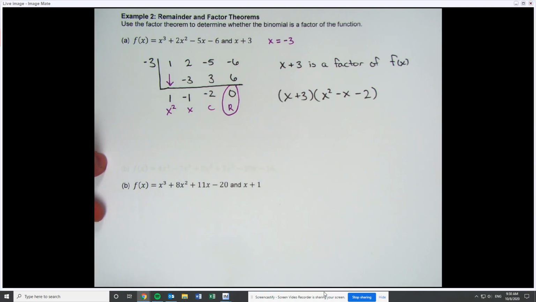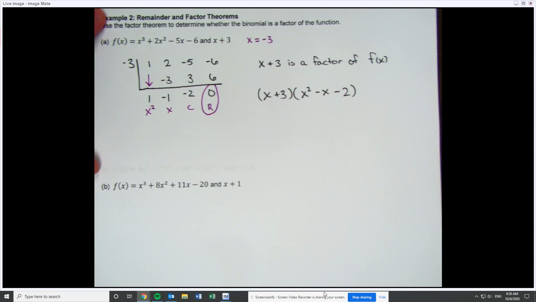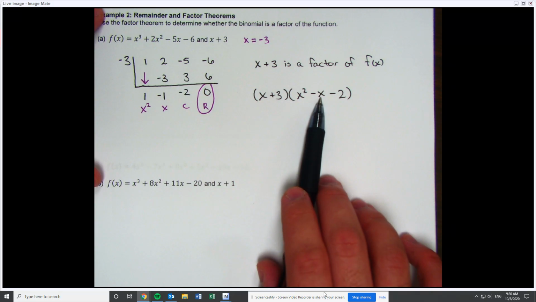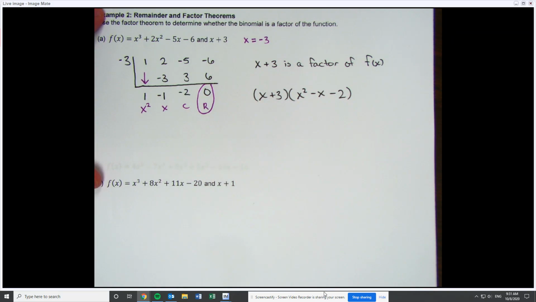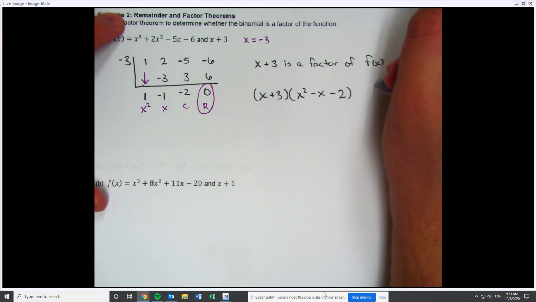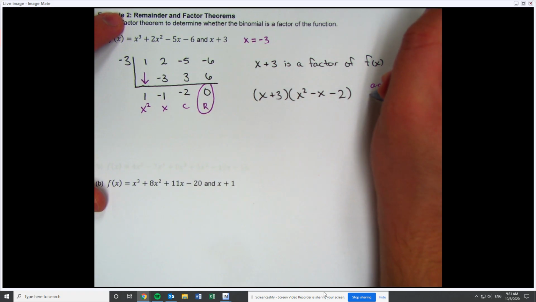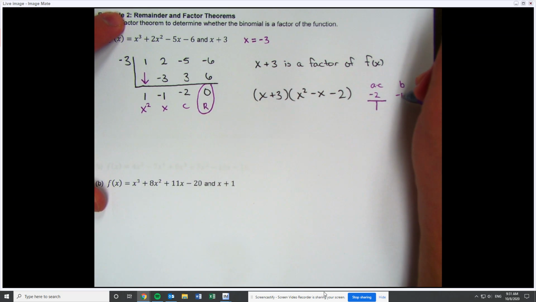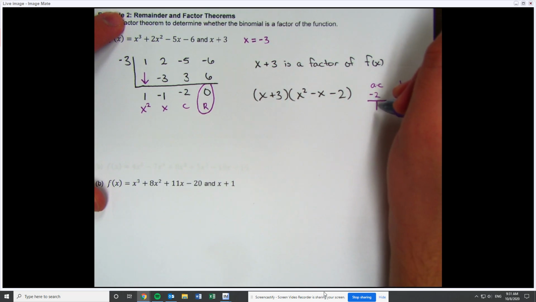Now, the reason this is important to us is because now I can factor this. This is one I can use the ABC method on easily. So doing my ABC method on the smaller one, I have a times c is negative 2. My b is negative 1. The two numbers I could use, 1 and negative 2.